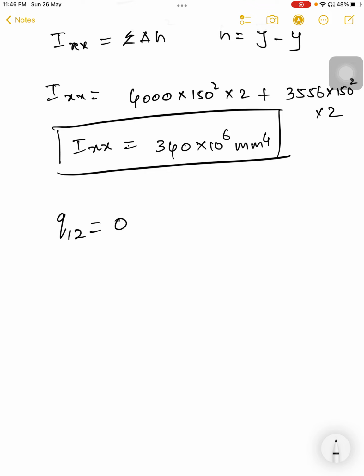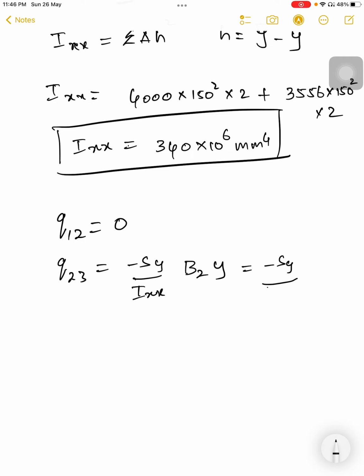Now Q23 will be minus Sy by Ixx B2y, so it will be minus Sy unknown.